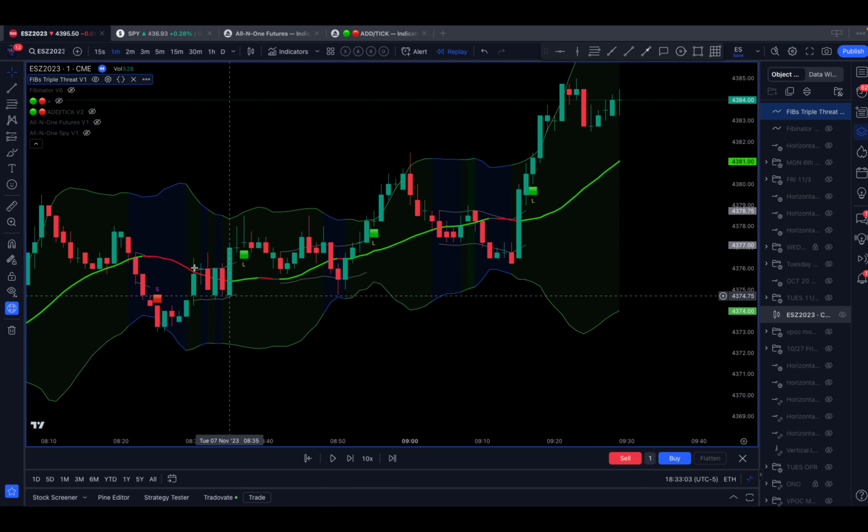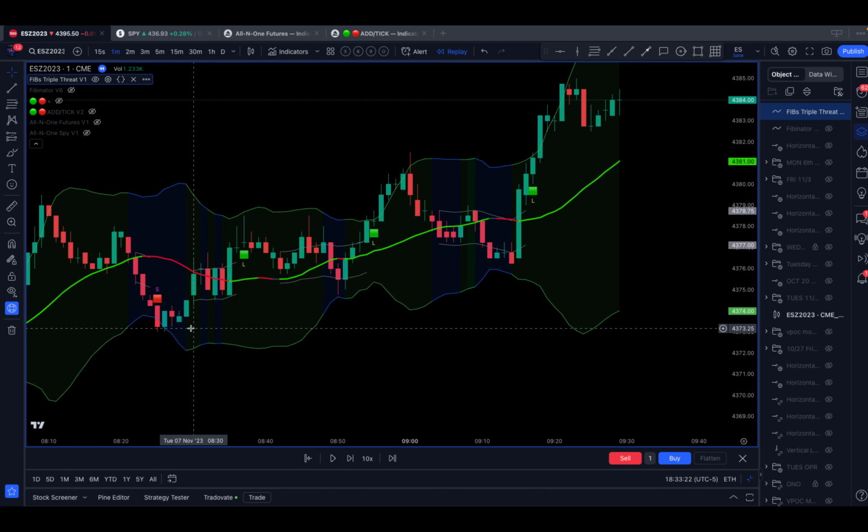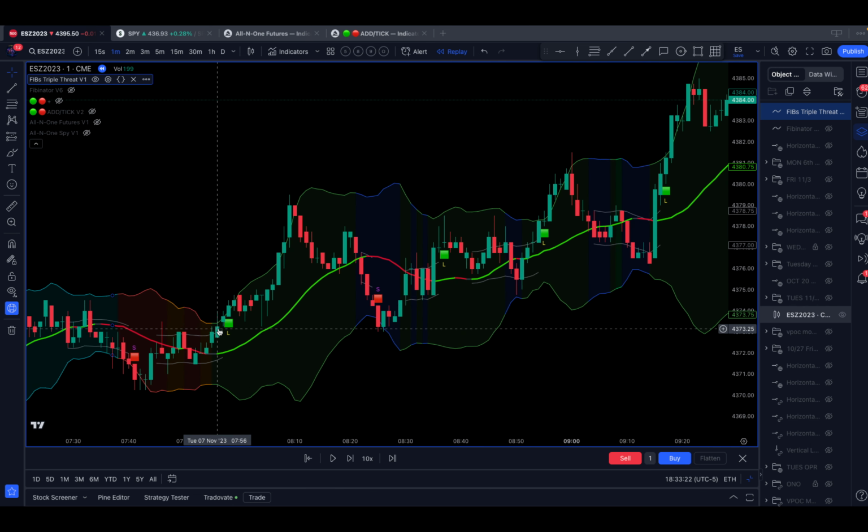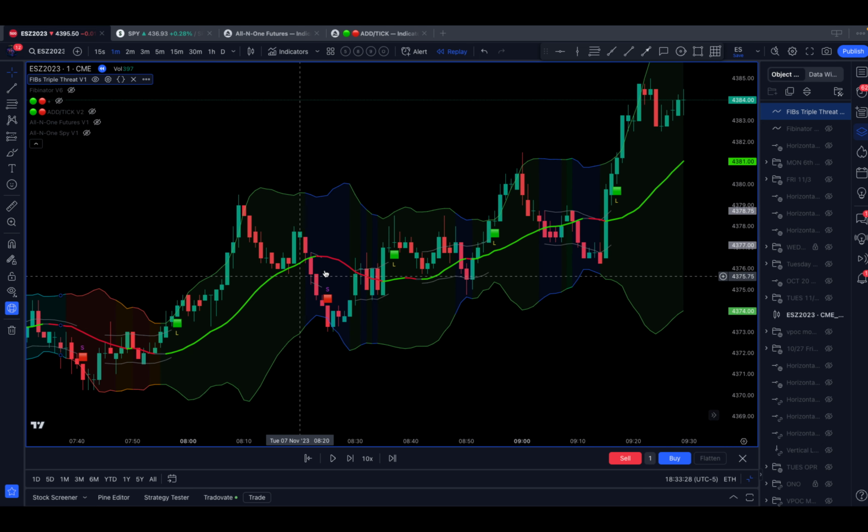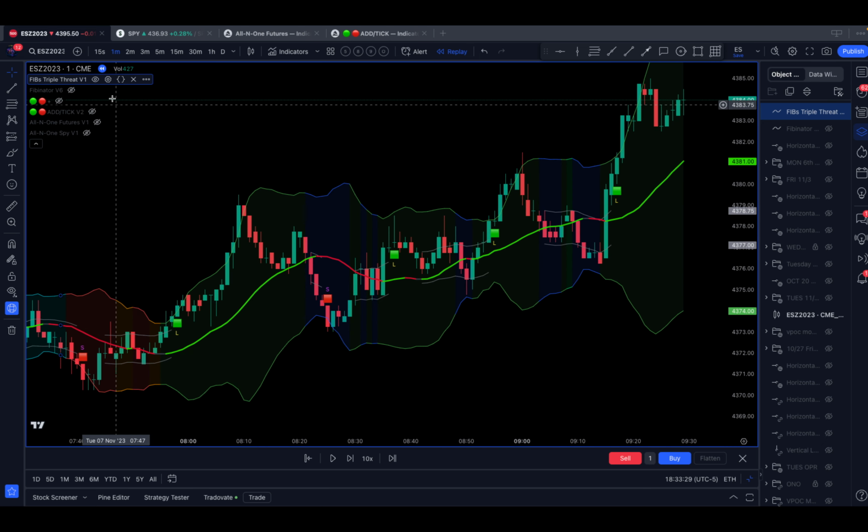So it basically is Bollinger Bands, and it gives you buy and sell signals, or long and short. So for example, this red or green square, that's basically saying, hey, go long here. If it's red, it's saying this is a good short, go short here. Just like anything, nothing's 100%, but it's just something you can utilize, and that's included in here.